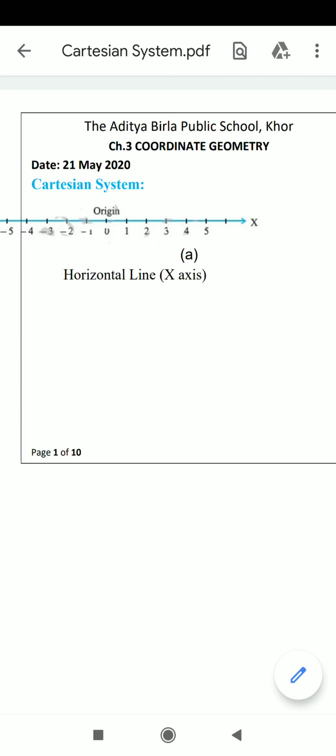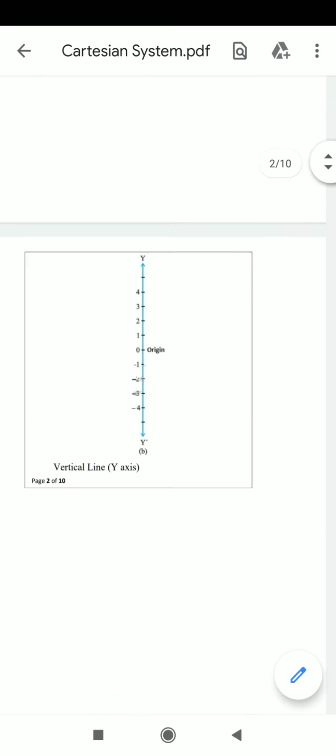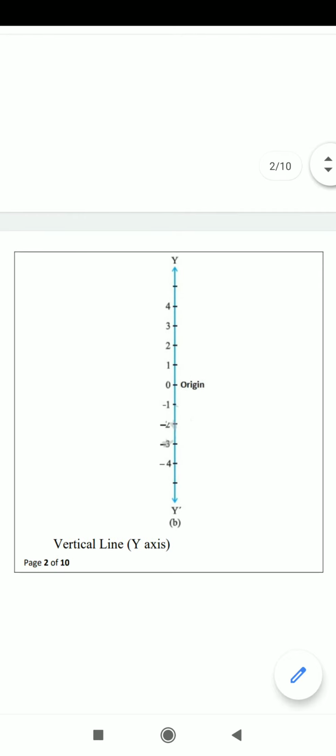Now we have to draw one more line, that is the vertical line, and that is known as the y-axis. If we move the horizontal line anti-clockwise, you will get the vertical line.